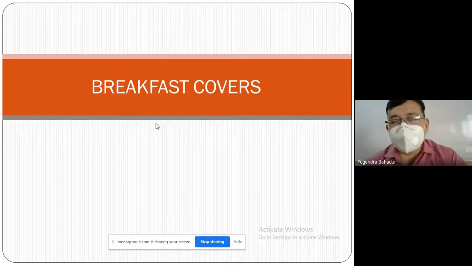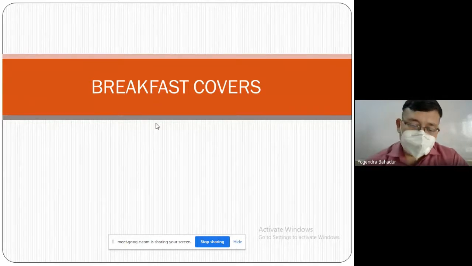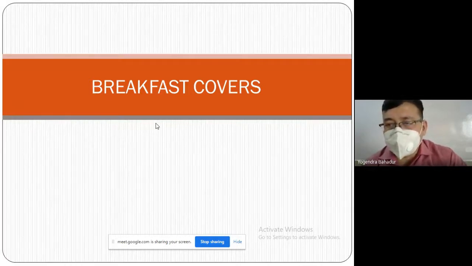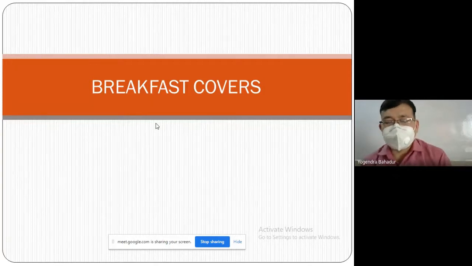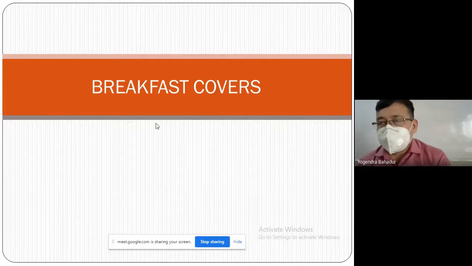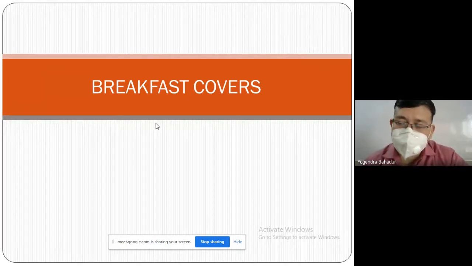Stewed fruits are basically fruits which are semi-cooked in sugar syrup. So that is considered stewed fruits. Under the stewed fruits category, cut fresh fruits can also be served. The third thing is breakfast cereals. What is the meaning of breakfast cereals, and what things generally come under it?